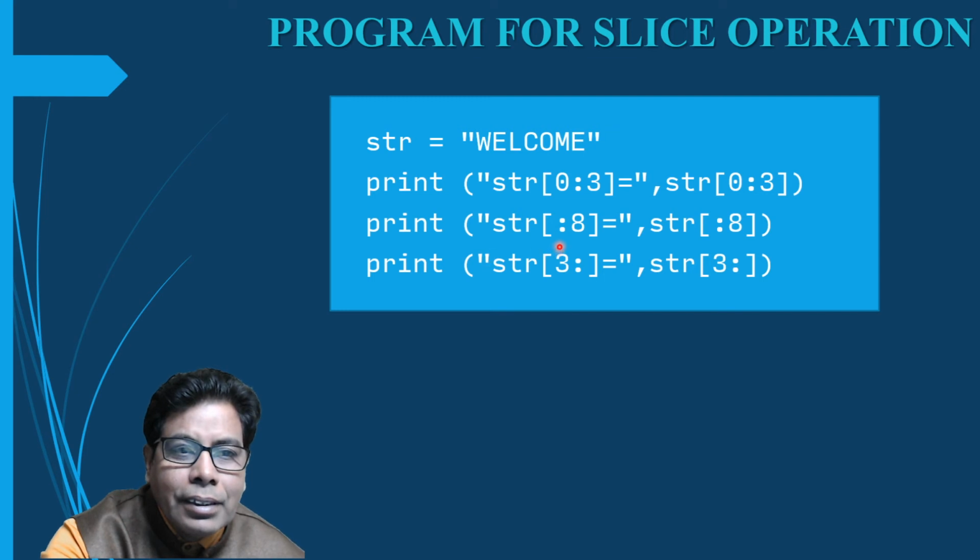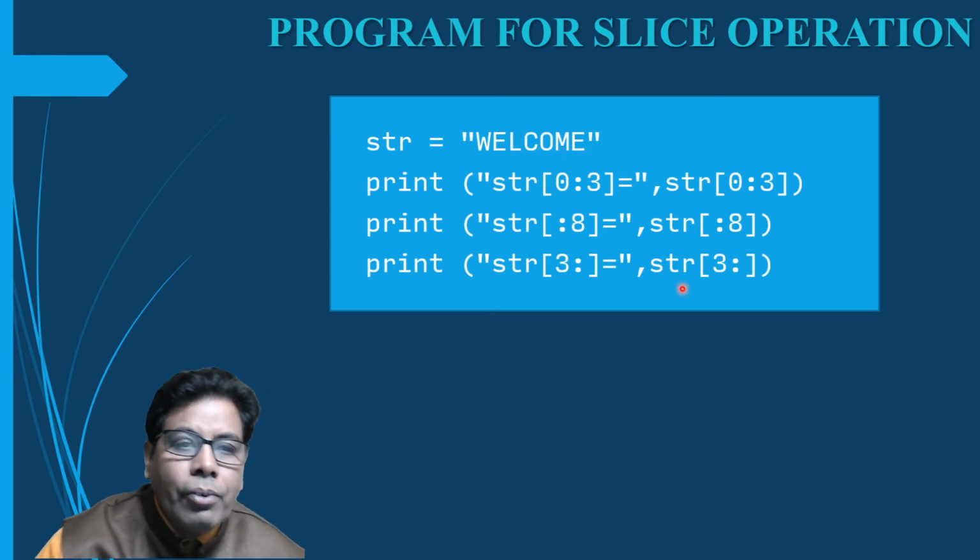Then when we take the slice colon 8, we are not giving any value at the start. It will take the entire string welcome. It includes the 7 characters. So we will take this complete string welcome. Then when we make use of 3 colon, and we are not giving the end, it will start at 3 and go up to the end. We'll get the print come.